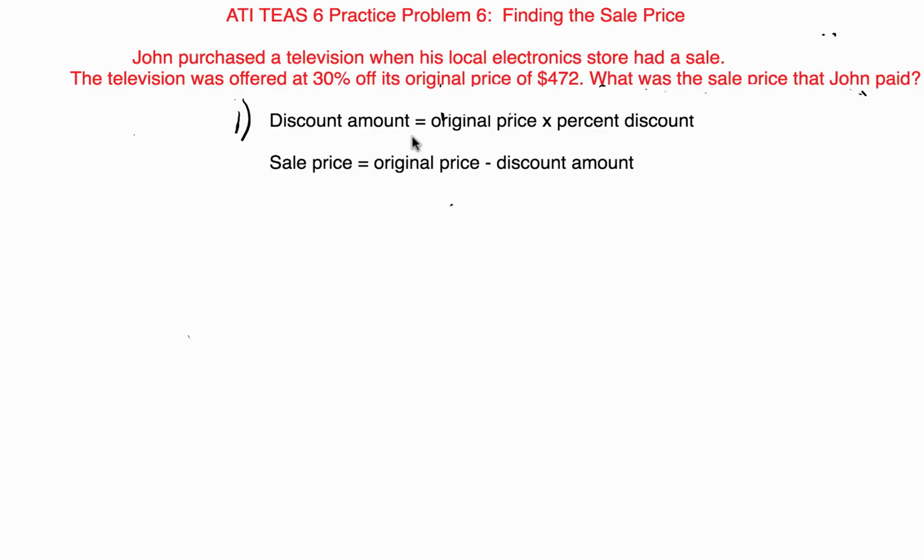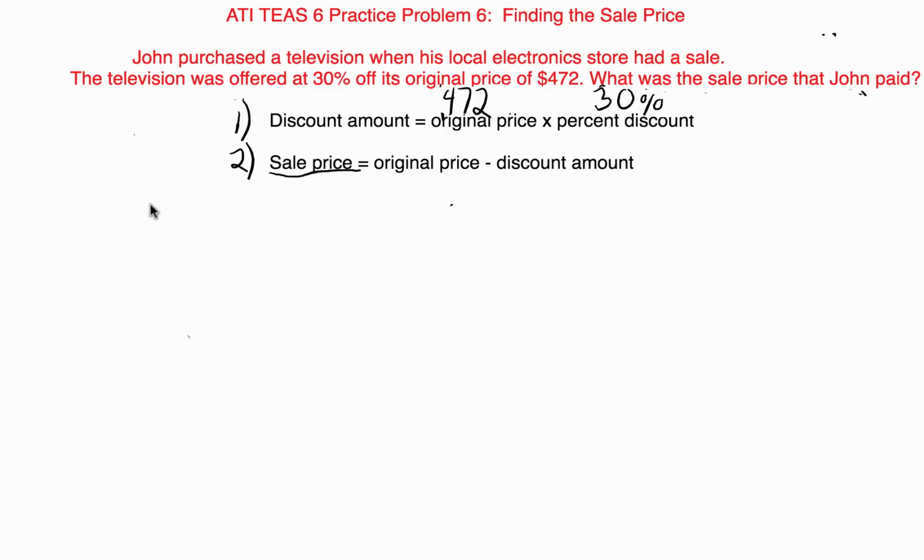In order to find the discount amount, we will take the original price, $472, and multiply it by the percent discount, which in this case is 30%. The second step will be to take the original price and subtract from it the discount amount, which in turn will give you the final sale price that we're looking for.